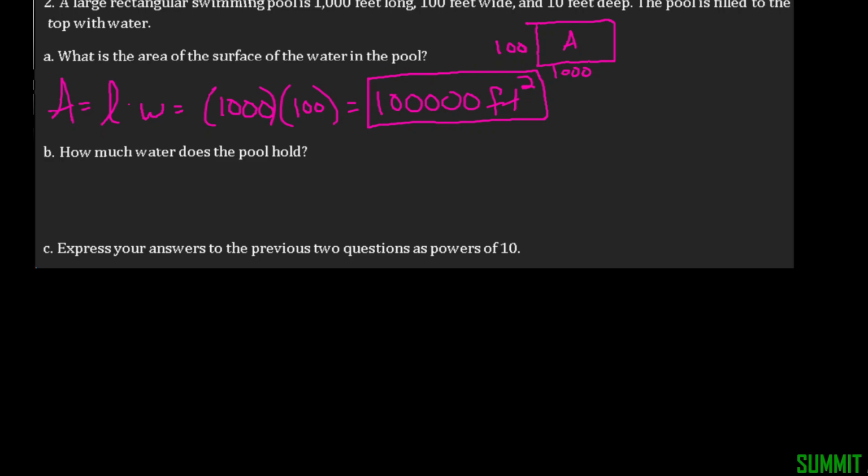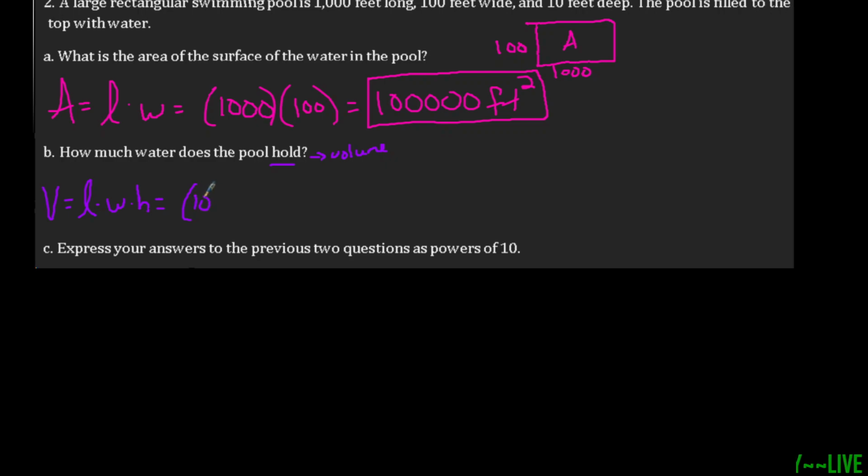Then for the next part, it says how much water does the pool hold, which means we're looking for volume. So make sure you can use those words to define what action you're going to take. The volume is equal to the length times the width times the height. So let's make sure we multiply these three terms together.